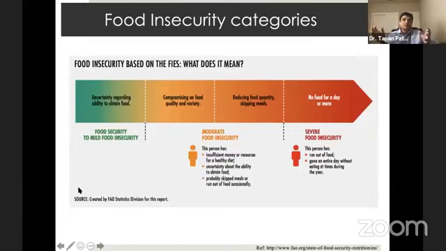So if we think from a global perspective, and in a food security format, according to the FAO definition, moderate food insecurity means insufficient money or resources for a healthy diet, or lack of food once in a while, things like that.